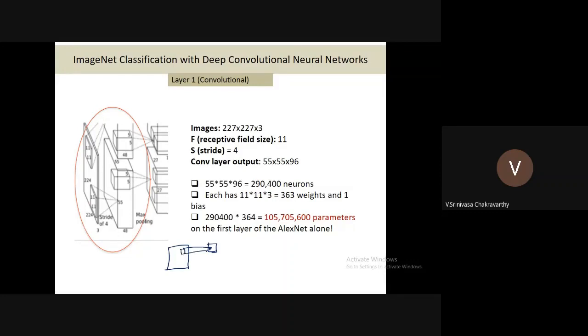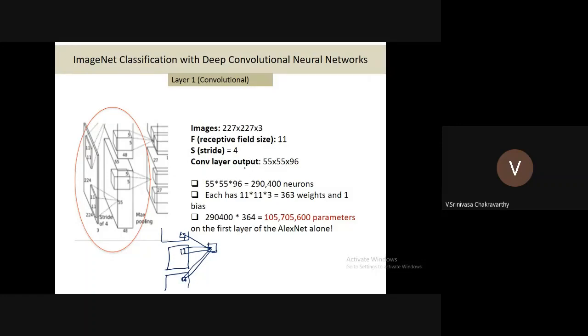This is called a kernel. You have 3 such kernels going to each neuron, so the kernel size is 11 by 11, and there are 3 of them.